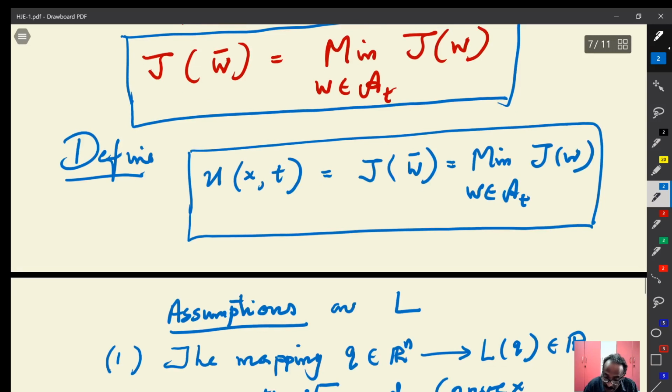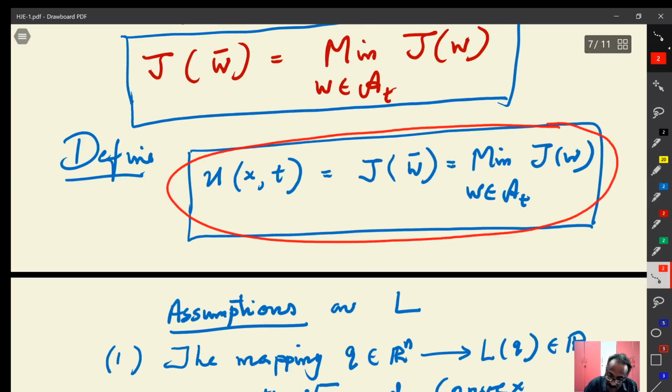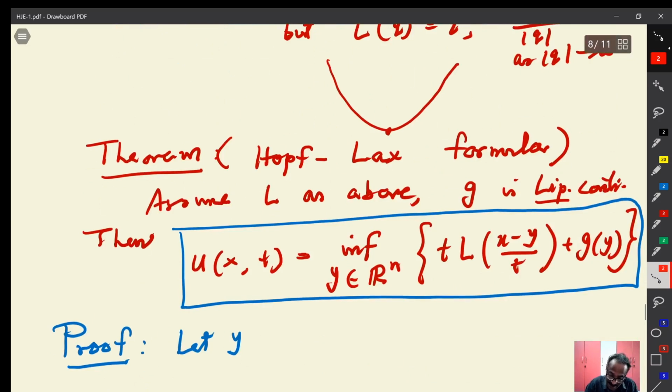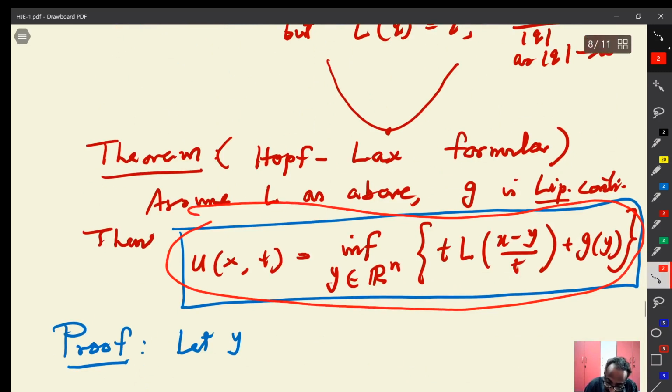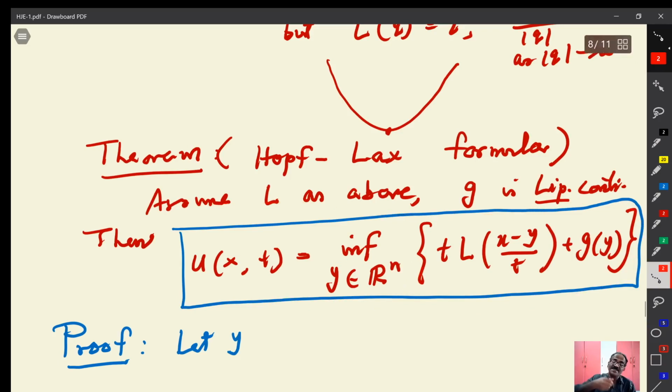Earlier you had a minimization over a class of trajectories, but then that minimization is reduced to a minimization over R^n. So the minimization changed to R^n.